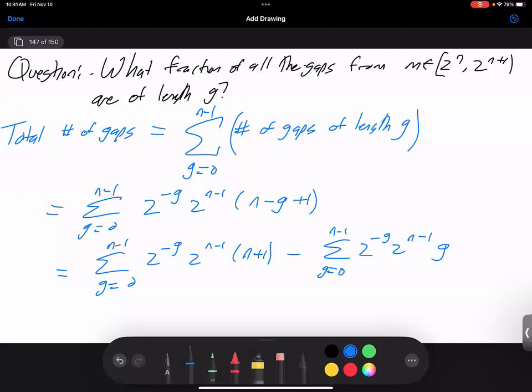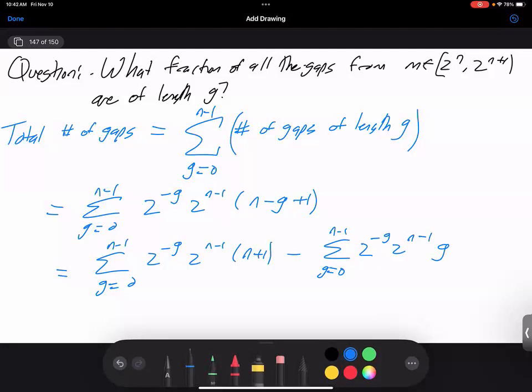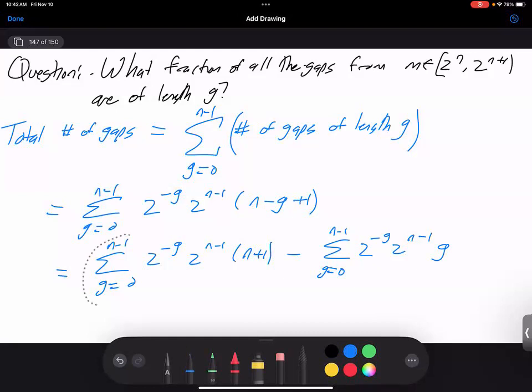So I'm writing it like this because the two sums need to be handled a little bit differently. One of them I claim is easier to handle than the others. So it would be the first one. So let's analyze the first one.